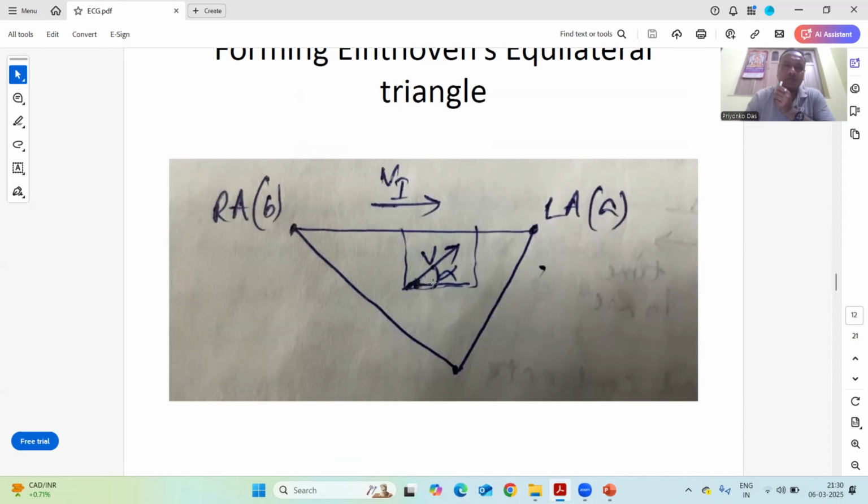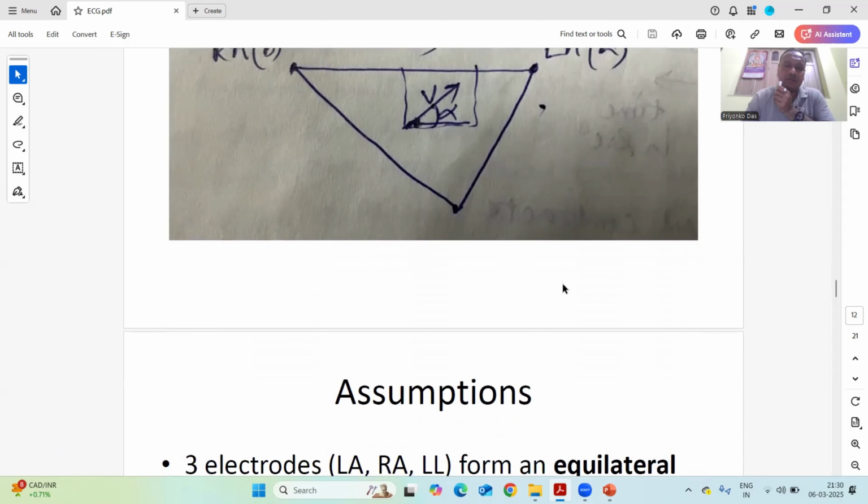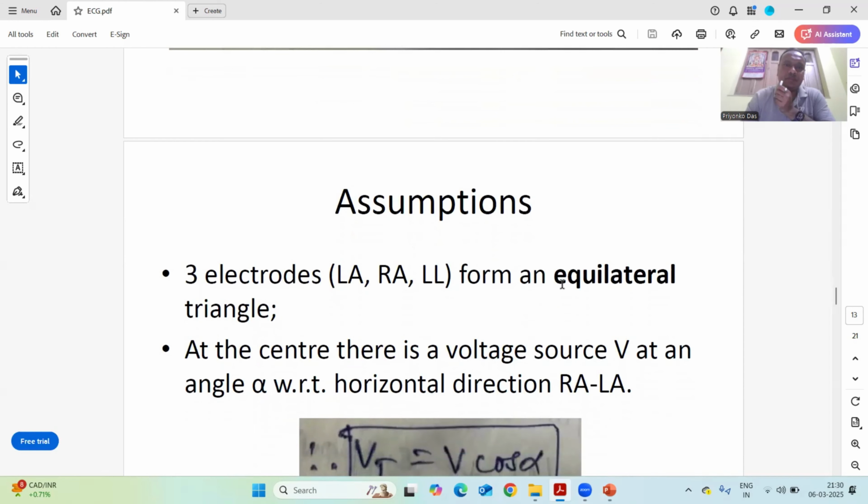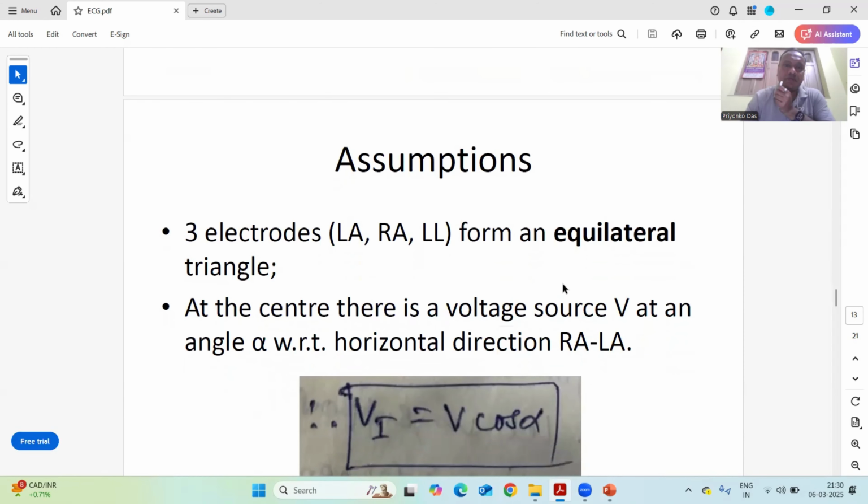Here V is the voltage source, having one minimum and one maximum, making an angle alpha with the horizontal direction. The assumptions of Einthoven are that the three electrodes, namely left arm, right arm and left leg, form an equilateral triangle, and at the center there is a voltage source V at an angle alpha with the horizontal direction.